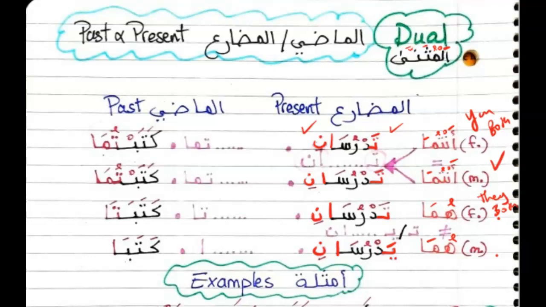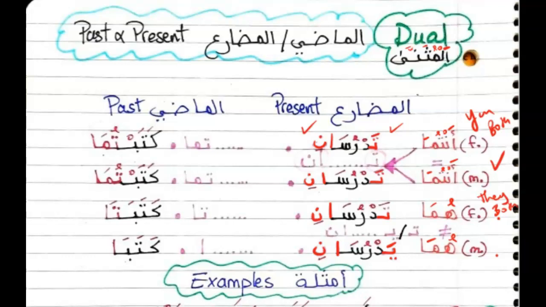Tadrusan. Even if you have one male in the dual, the form is going to be the dual masculine. Even if you have a female in the dual. So you have one male and one female, you would address it as a male dual.